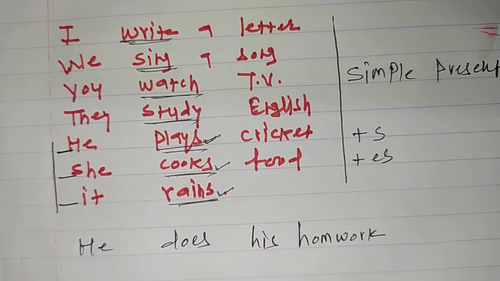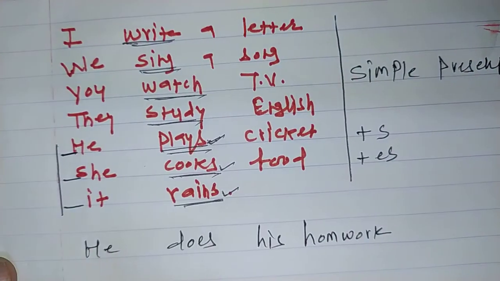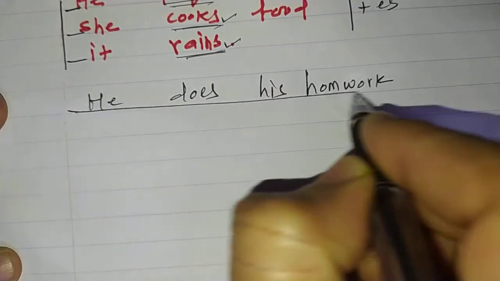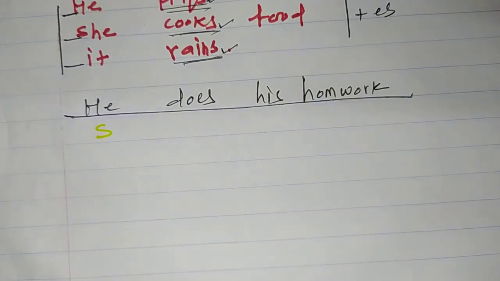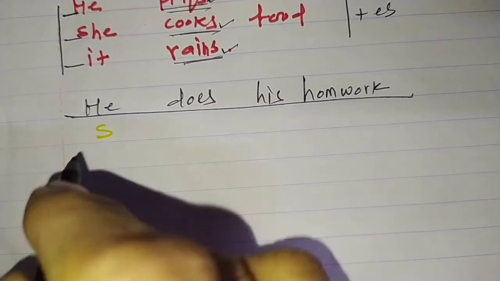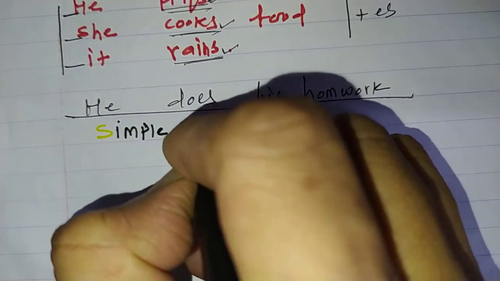Now, what is the second form of the verb write? Second form is, I will write here. Now we are talking simple past.